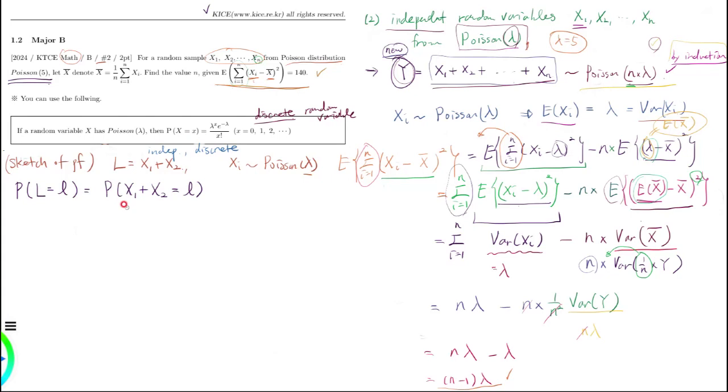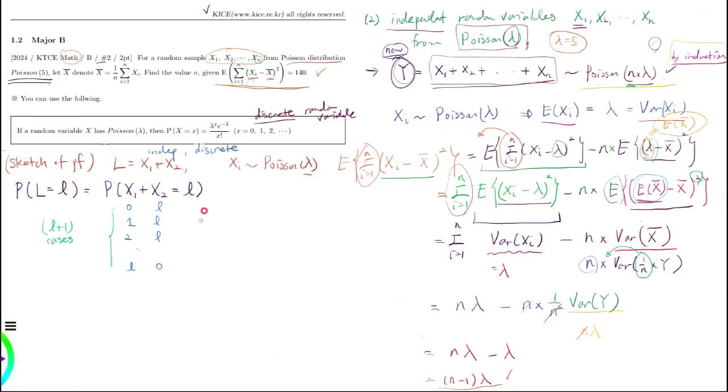So we have l plus one cases here, either 0 and l, 1 and l minus 1, 2 and l minus 2, and l and 0. We have l plus 1 cases here.